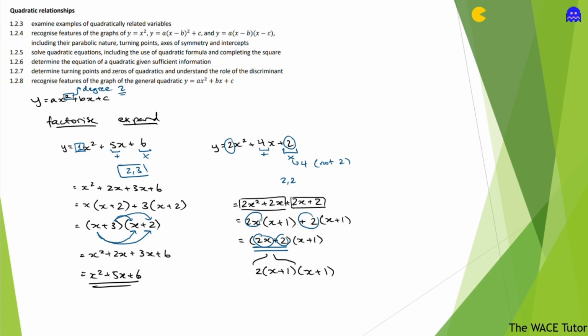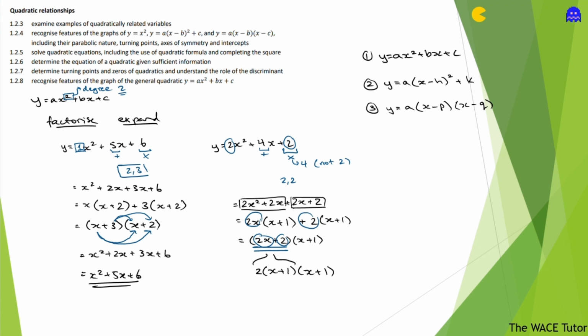So now that I've gone over factorization and expansion, I'll go over a couple of different ways we can write quadratics. The first way we can write them is y equals ax squared plus bx plus c. So this is our first way. Our second way that I'll label is this one, y equals a(x minus h) squared plus k, and the third is y equals a(x minus p)(x minus q), and these are the three different forms.